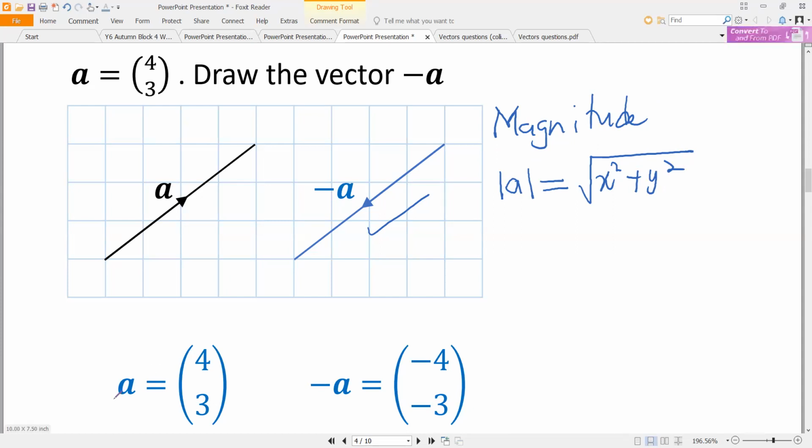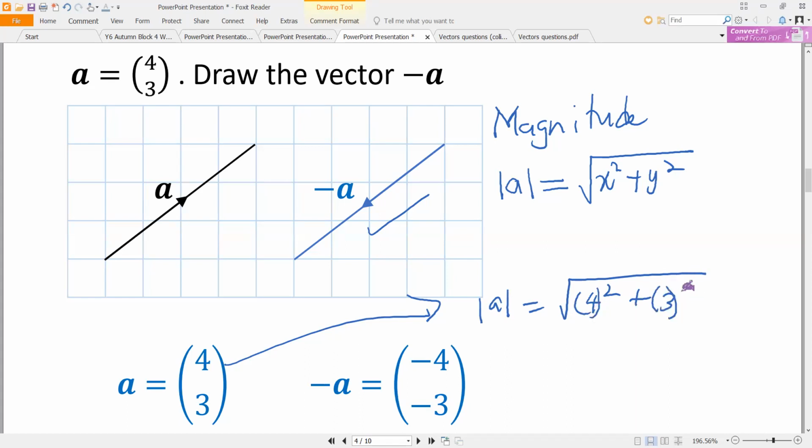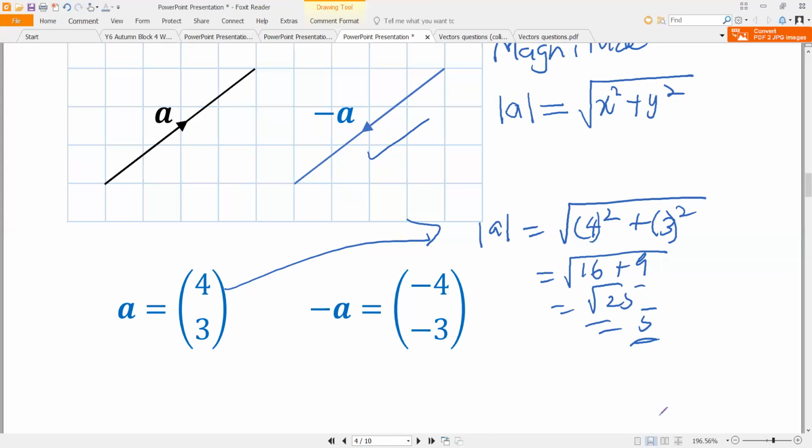Let's assume I want to find the magnitude of A. In this case, the magnitude of A will be equal to the square root of the square of this plus, remember, put this in parentheses, the square of 3. And what would this be? The square of 4 is 16. The square of 3 is 9. And when you add this up, you get the square root of 25, which eventually is 5. So this is the magnitude of the vector A.